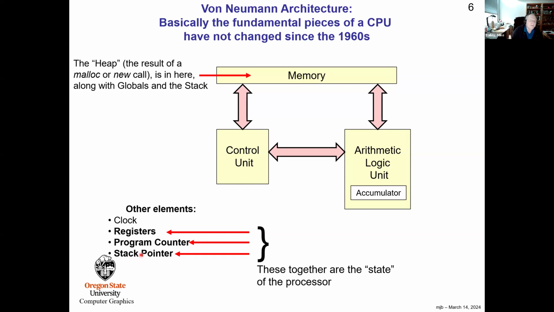You use a stack for local variable storage. You use a stack to handle arguments to functions and to handle the return address from the function. So these three things together are referred to as the state. And this is what lets us do multi-threaded programming.